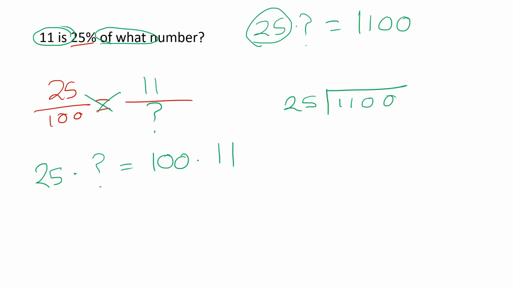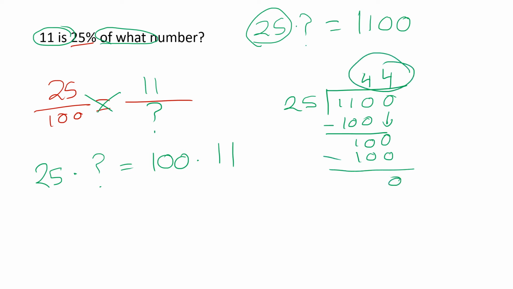Well, 25 will go into 110 4 times to get 100. Subtract, get 10, bring down your 0. And then 25 will go into 100 4 times again to get 100 and subtract and get 0. So 11 is 25% of 44.